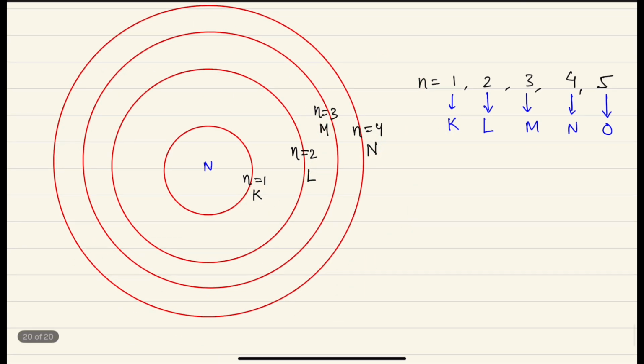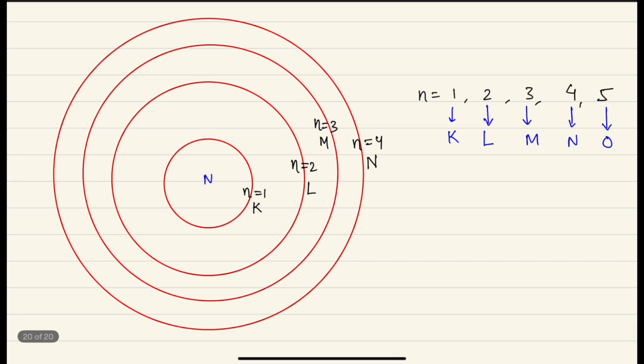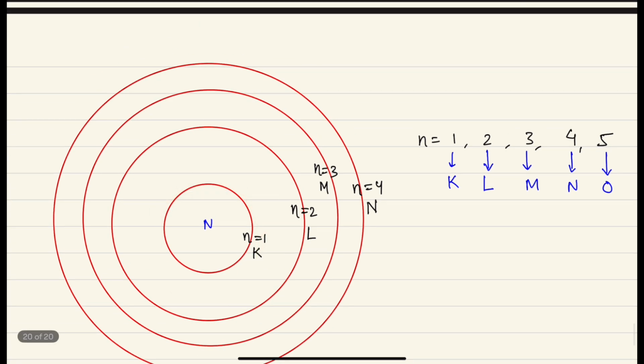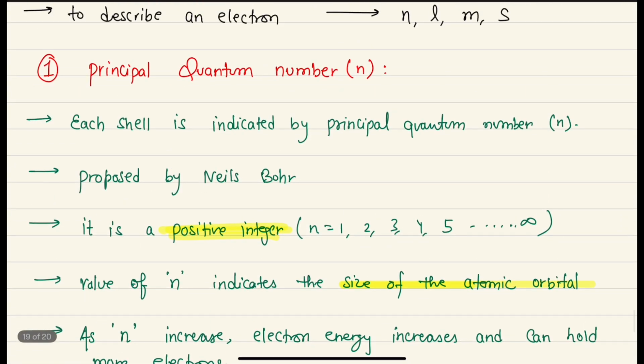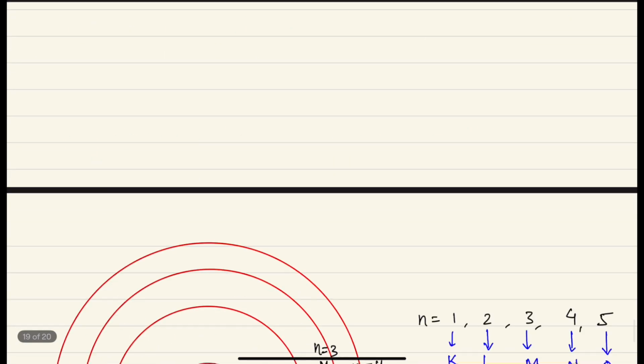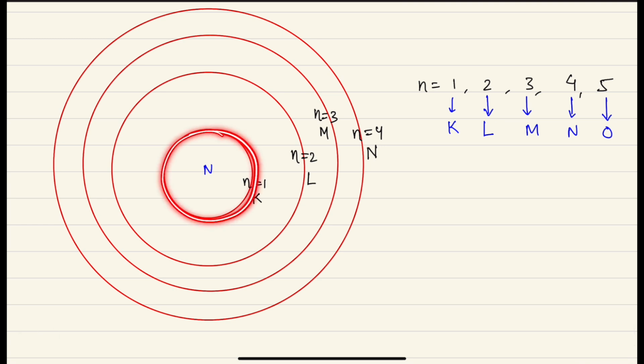So these are the quantum number, principal quantum number, and that principal quantum number tells the cell number. Understood? Concentric cells here.